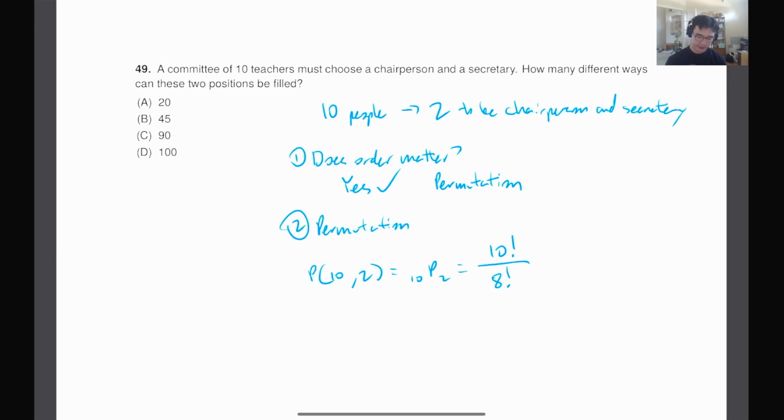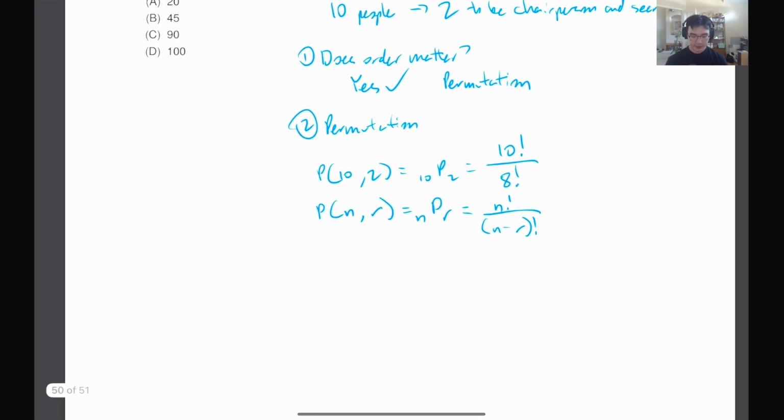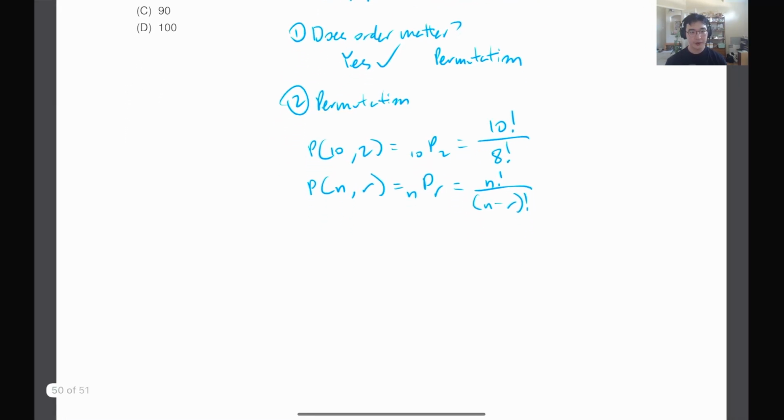This is the same thing as, let me write the formula, P the total, the r what you're choosing. Now I don't know about you, I don't want to do 10 factorial, but luckily we can break that down. That is the same thing as 8 factorial times 9 times 10.